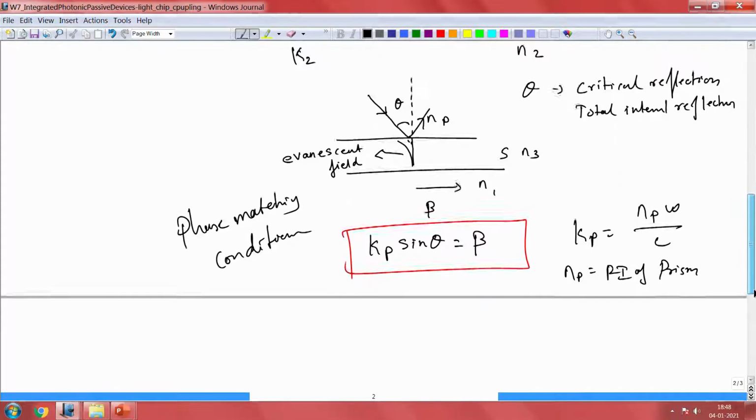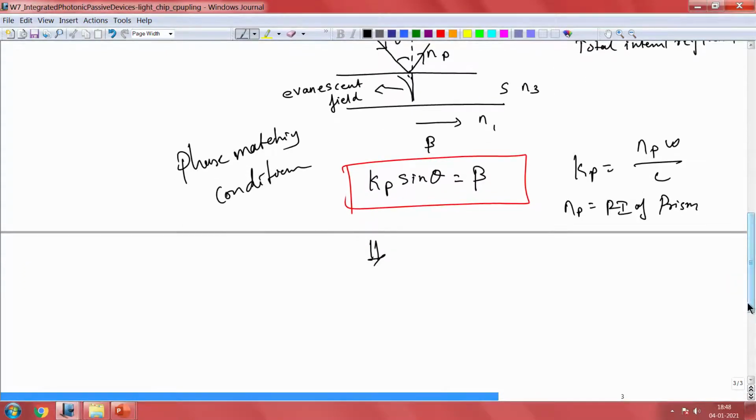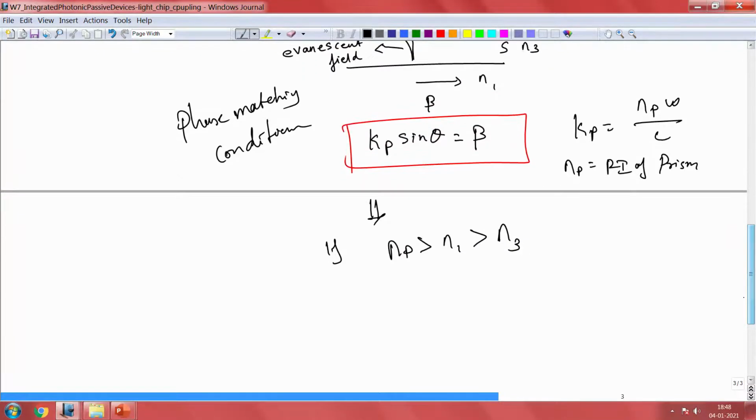Now this can be achieved, but there is a condition to this. This can be achieved if Np is greater than N1 and it should also be greater than N3. This is some qualifier here, and theta should be greater than theta c, which is nothing but sine inverse of N3 over Np.